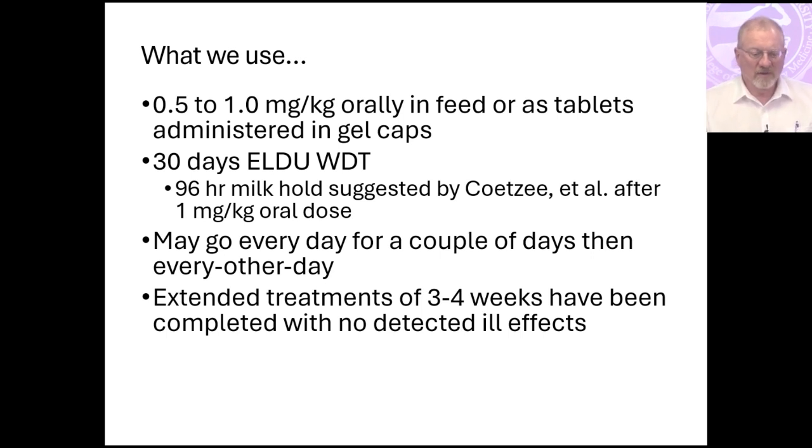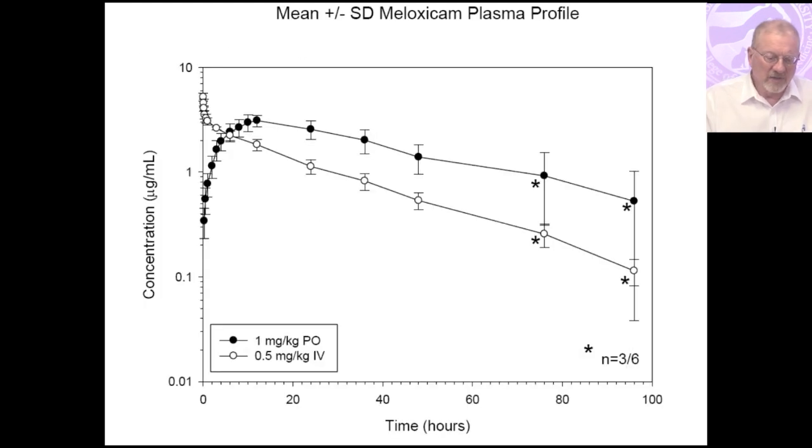A lot of people go every other day for a couple days, or every day for a couple days, and then every other day. And extended use has been done with no detected ill effects. And again, if you look at how this goes, there's some IV and the 1 mg per kg PO. This is down here at 100 hours, staying well above the 1 microgram per mil out there for 100 hours.